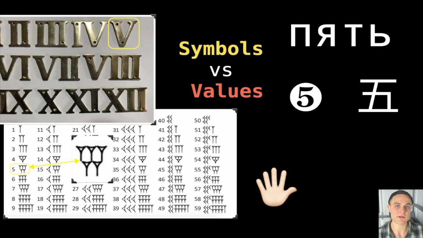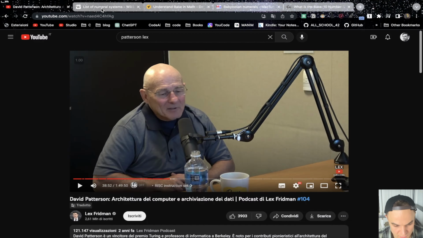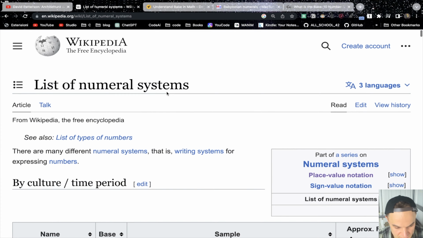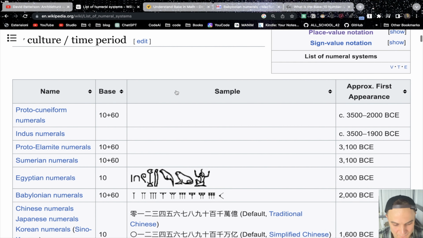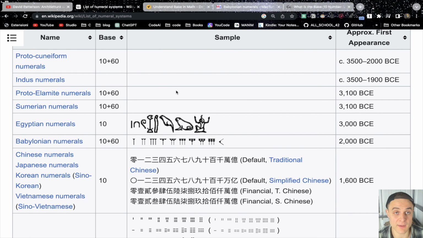Okay, so the Roman numerals are part of a numeral system, namely a method to display a specific value, thanks to some specific symbols. There are plenty of these numeral systems. For example, here I have the Babylonian numeral system and the Roman numeral system. But look here, for example, I'm on Wikipedia, list of numeral systems. There are plenty of these ways of encapsulating value. For example, we have the Egyptian numerals.